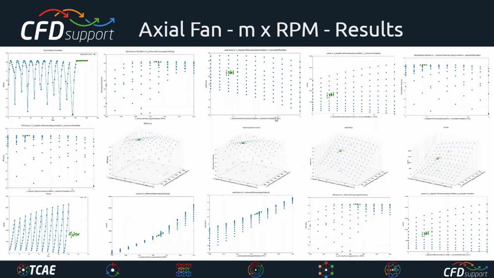So with optimization there is much more complexity involved, but the results you obtain are on another level, and this is why we think it's a paradigm shift. Optimization is definitely the future of engineering simulations.